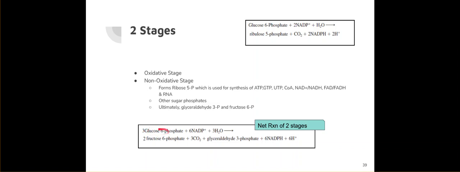So the overall reaction here, the net reaction of these two stages, is we have a glucose 6-phosphate with a NADP plus and water, which gives you these 2 phosphates. You get some carbon dioxide coming off as well. You have a NADPH, and you've got 6 protons that come off of this reaction as well.